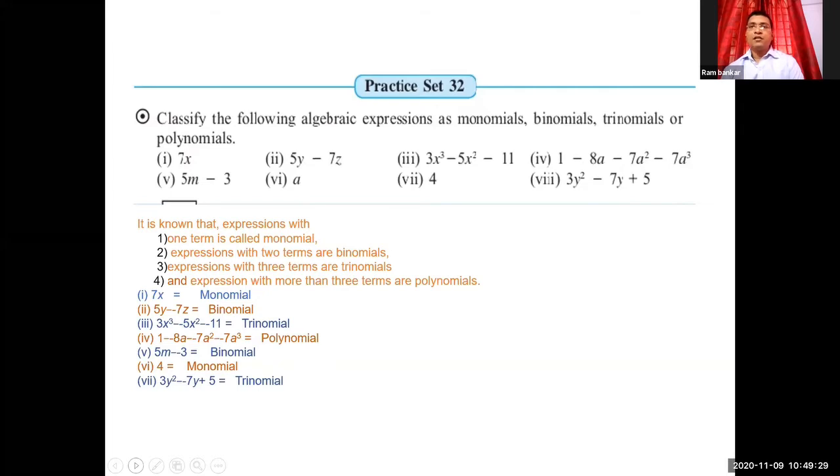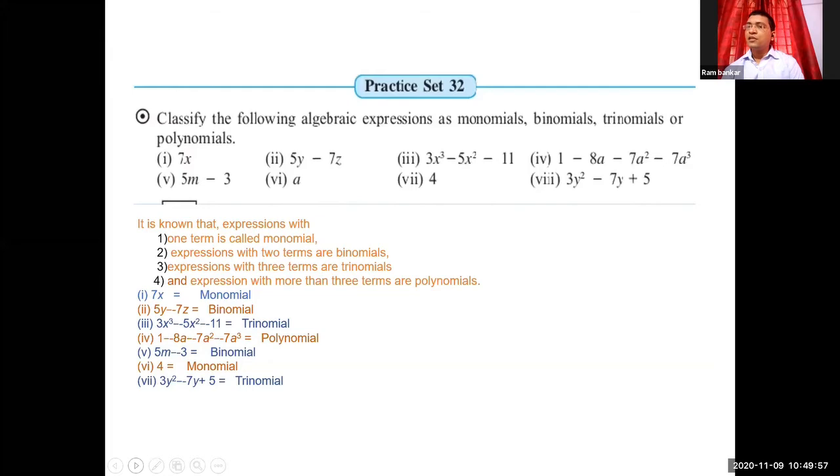Look at the second question, 5y minus 7z. How many terms are there? 2 terms. So it is binomial. Look at the third example, 3x cube minus 5x square minus 11, it is a trinomial. Look at the fourth one. There are 4 terms there.